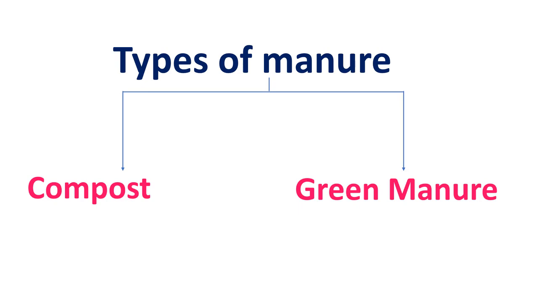Now there are two types of manure. Based on the kind of biological material used, manures are classified into two categories. They are compost and green manure.